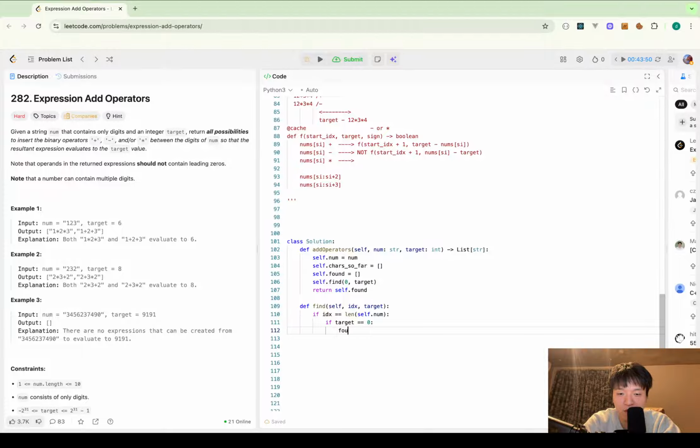So found expression is this one, and I append it here.